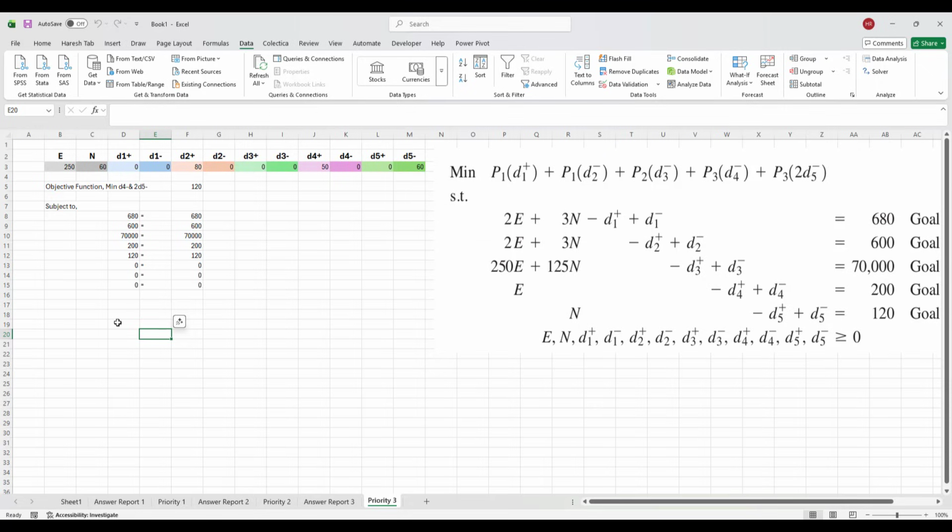So what are our final findings? Our final answer is here. My variable E will be 250. So existing customers to be visited is 250. New customers you should target to visit at 60. Okay.